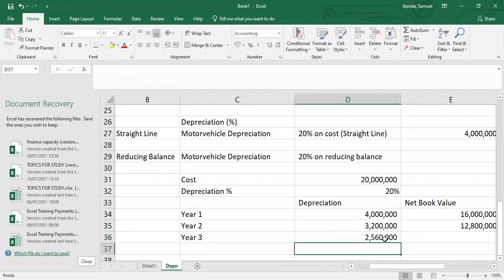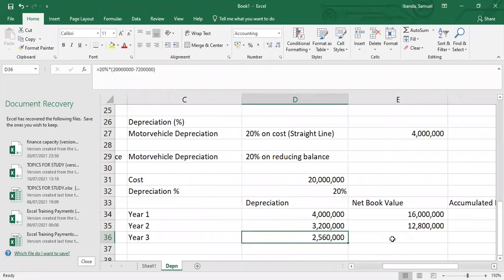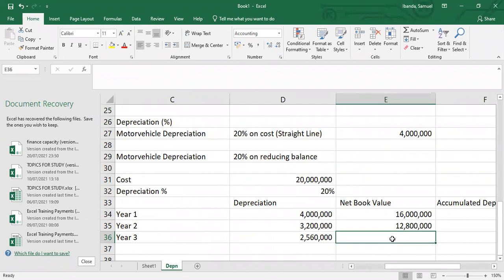So it will give me 2 million 560,000. And then my net book value will be the net book value at the start, less the depreciation for the period, giving me 10,240,000.